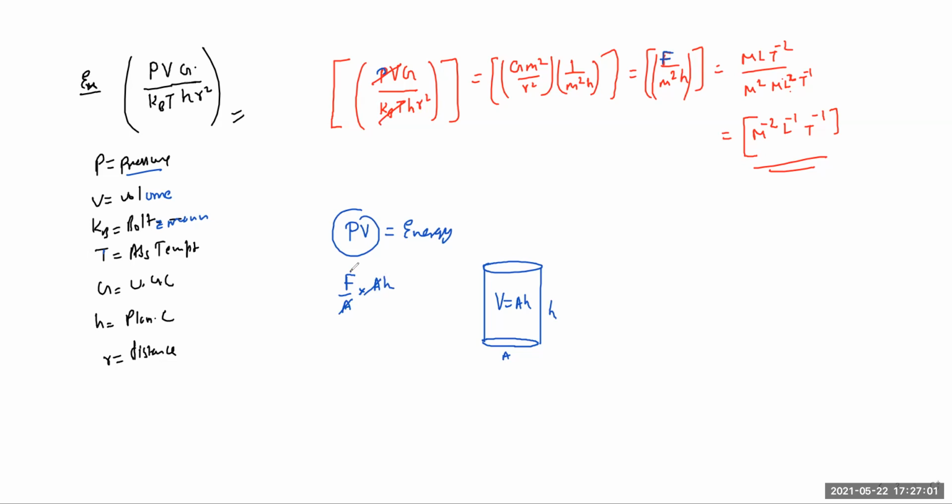So force and displacement is the same as energy or work, right? Dimensionally it is the same as work or energy. Okay, you haven't understood, right? Yes, sir, I got it.